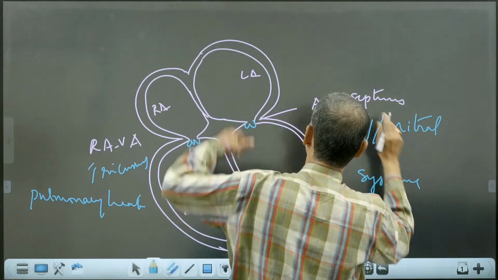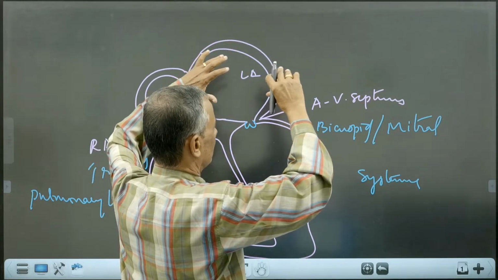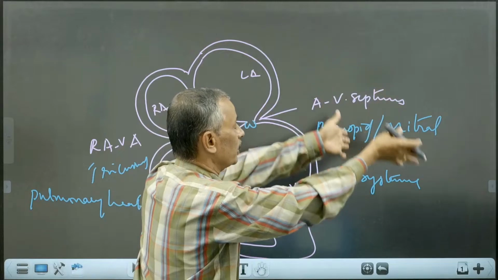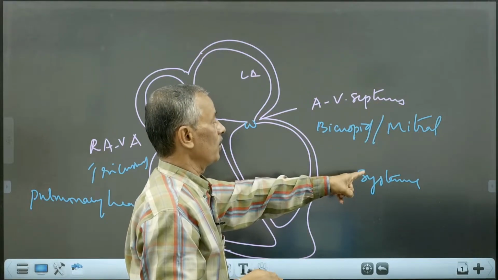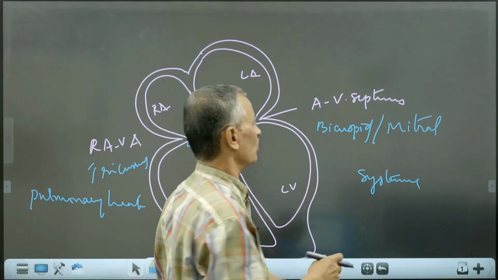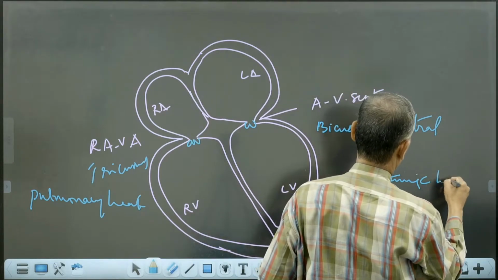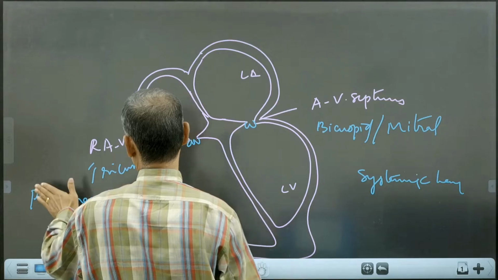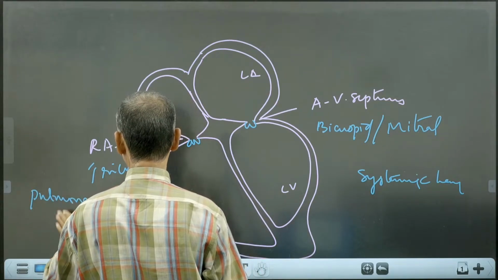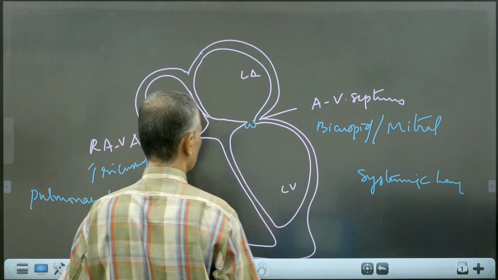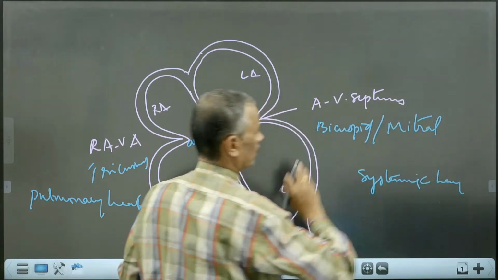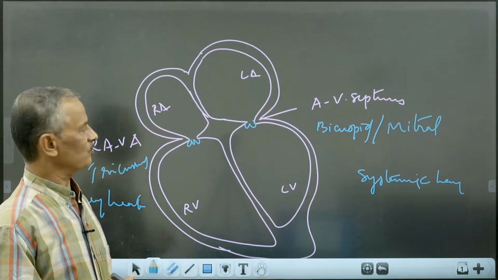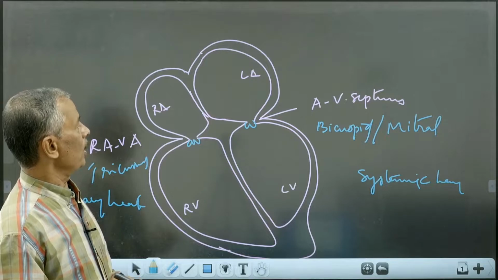Because it receives blood and pumps it to the different systems. So, it's called systemic heart. So, our heart is a double pump. It can pump blood simultaneously to the lung and to the systems of the body. That is why it is called double pump.